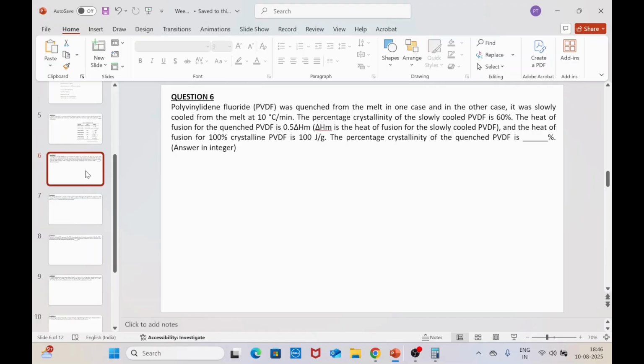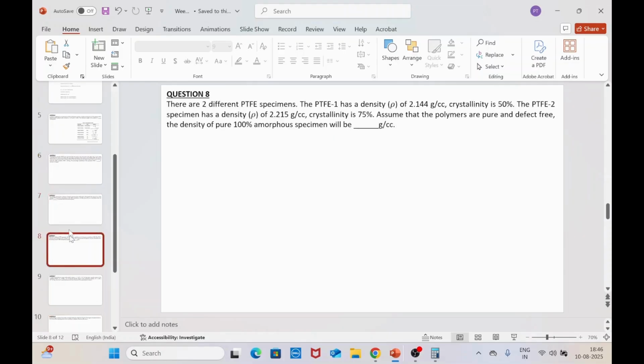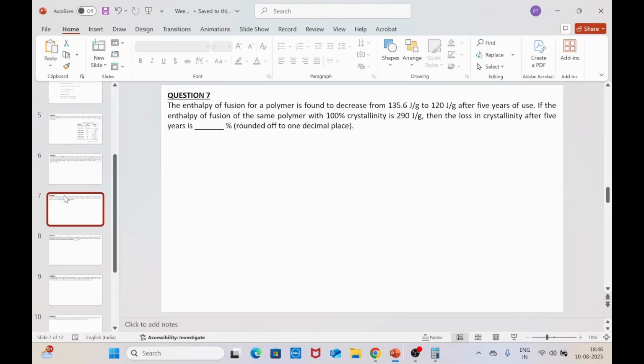The percentage crystallinity of the slowly cooled PVDF is 60%, whereas the heat of fusion for the quenched PVDF is... Before doing this, can we do something simpler? Yeah, let's first do question number 7.